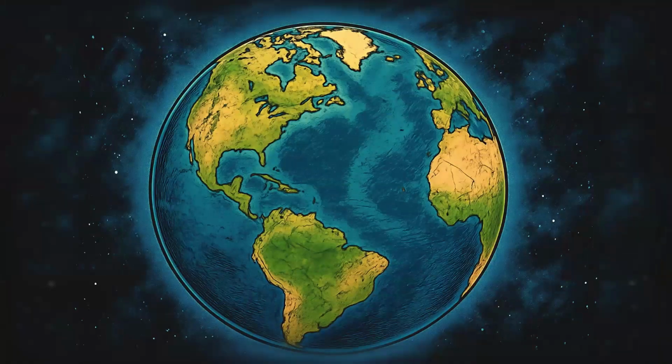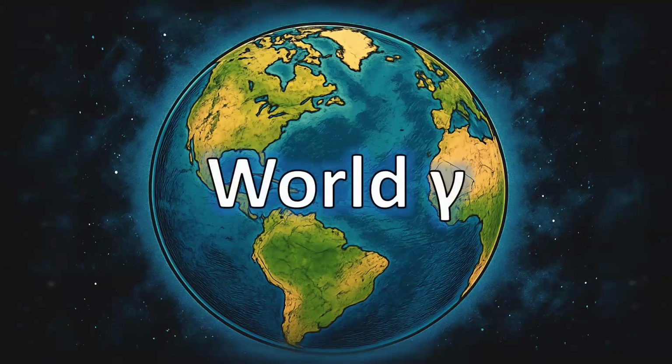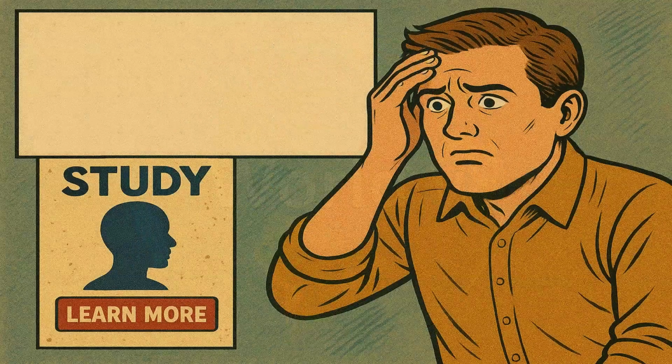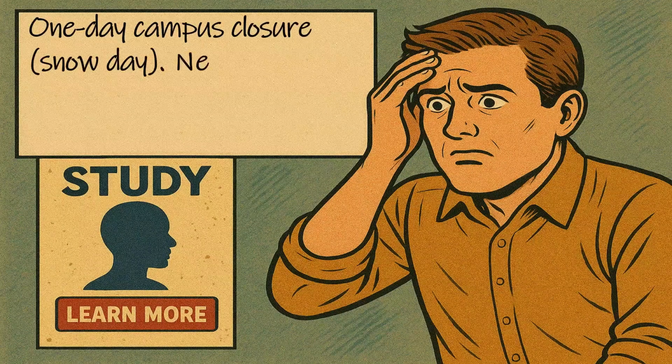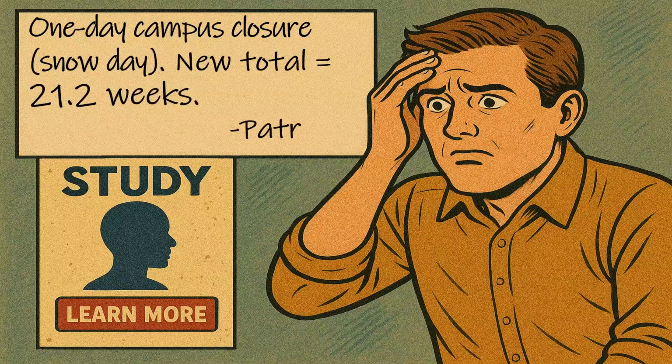And now we visit the next world, world gamma. In this world, Alex, a new Alex, gamma Alex, walks into his office and sees this note: 1 day campus closure, snow day, new total 21.2 weeks. So they are now in the testing phases and they couldn't test on that day because the campus was closed.